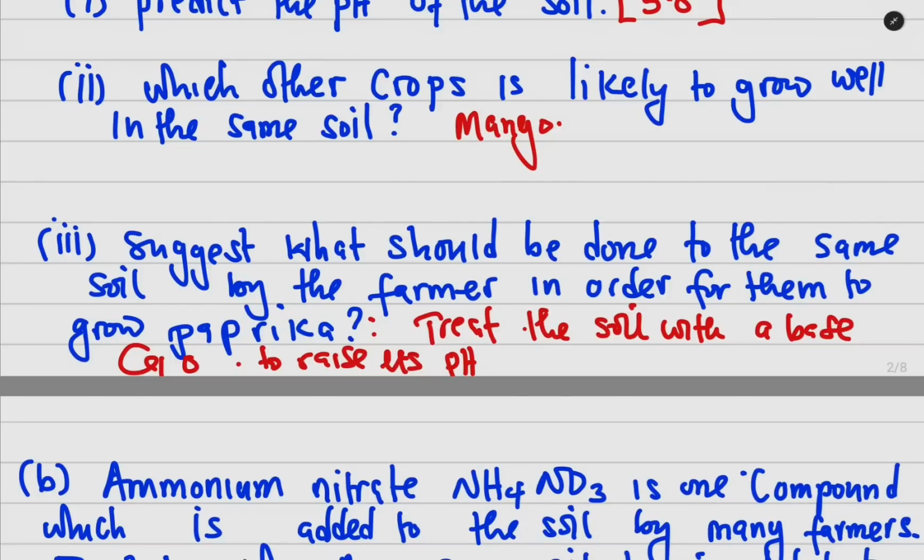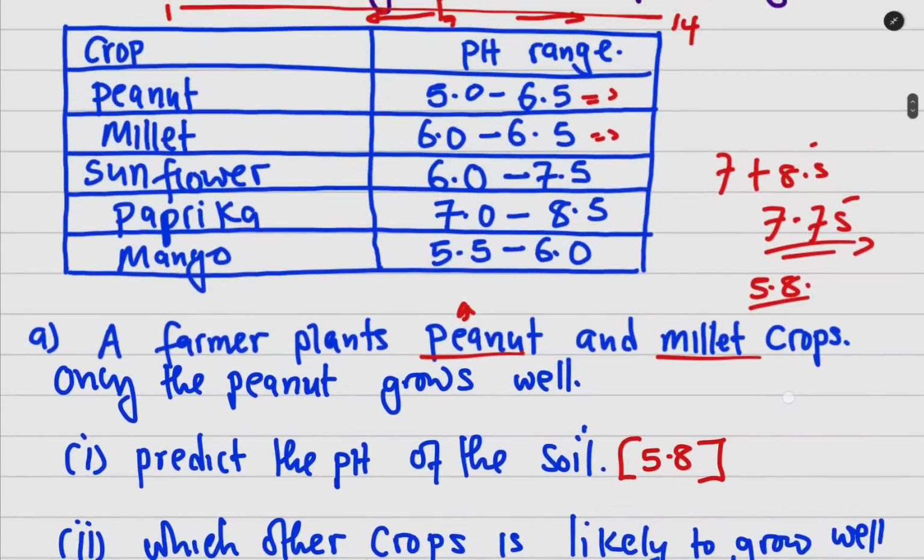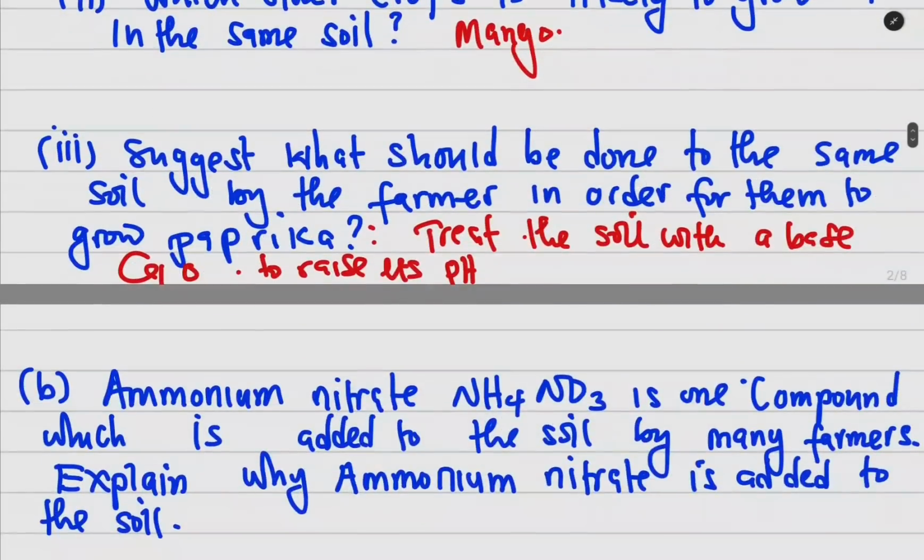Okay, you know that the base neutralizes the acid. So when you add lime to the field, it is going to neutralize the acid, and as a result raising the pH. Remember the pH target is 7.75. So I think that is what the farmer should do.